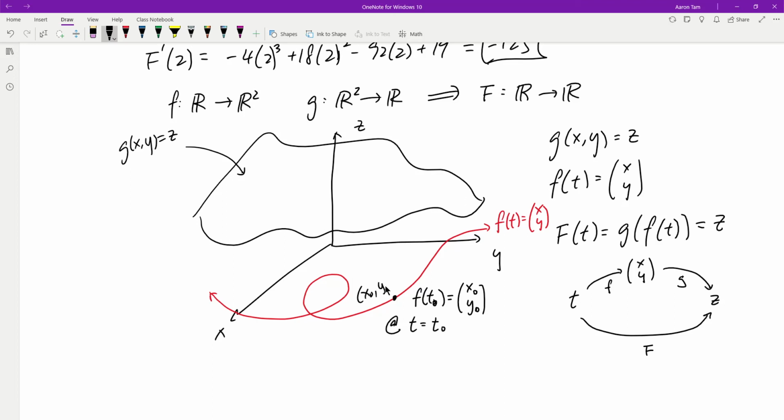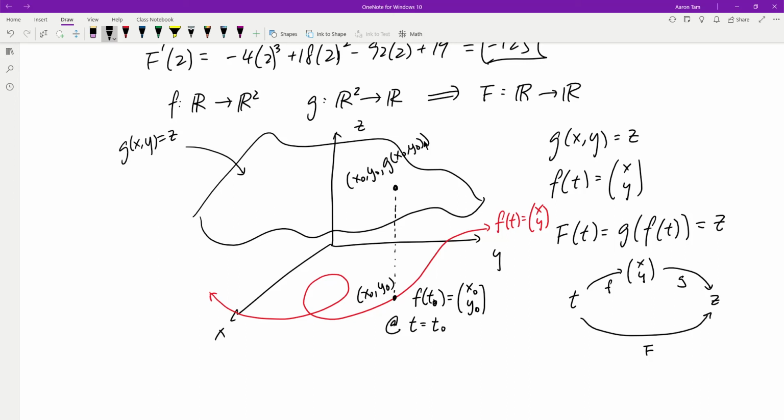Now, what are we going to do with this x sub 0, y sub 0 value? We're going to plug it into the function g. That's what the composition asks us to do. When that happens, this one point gets translated onto the surface, into this point: x sub 0, y sub 0, g of x sub 0, y sub 0, which gives the z value.